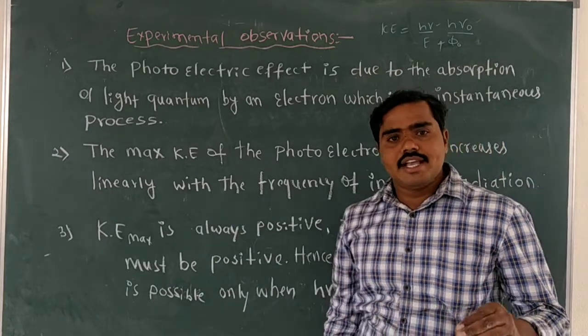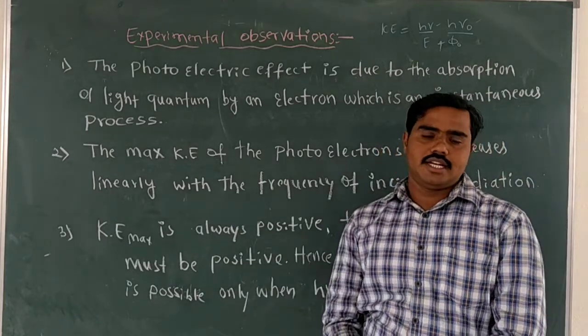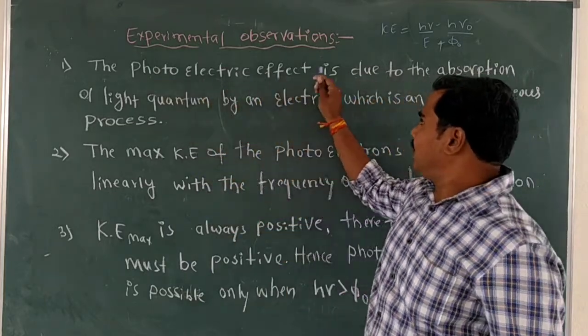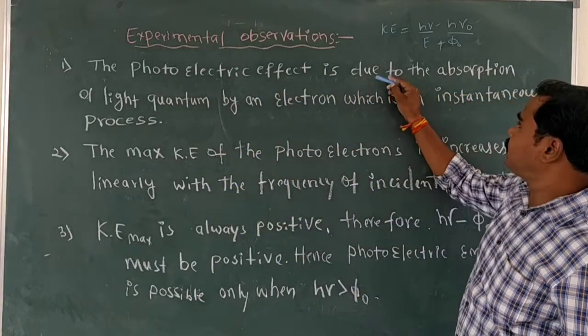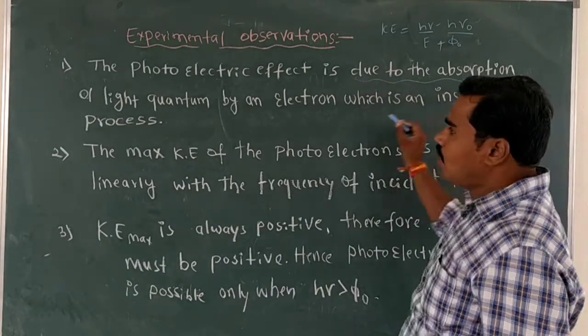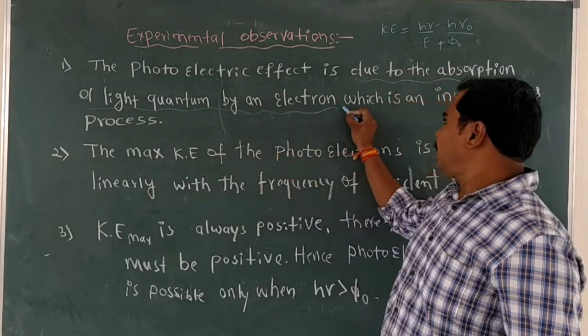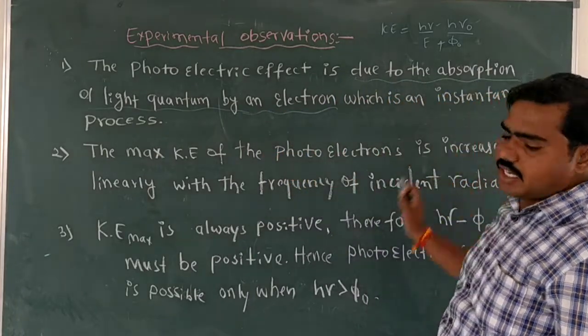Here, first observation: the photoelectric effect is an instantaneous process. Photoelectric effect is due to the absorption of a light quantum by an electron, which is an instantaneous process.